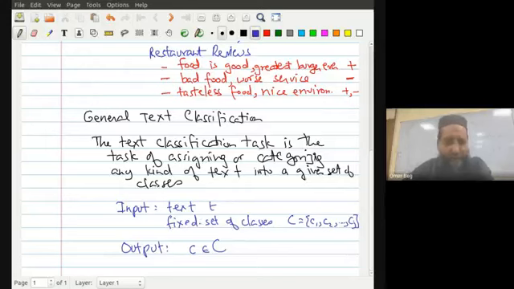We can solve this problem using rule-based AI systems. They can generally give us good results, but not always. And the big problem is that they are difficult to maintain and update.